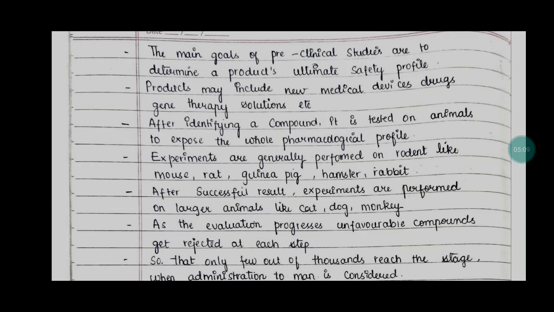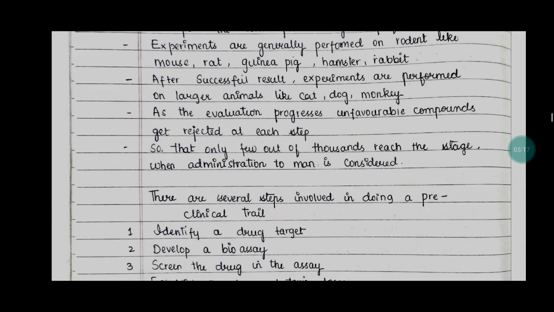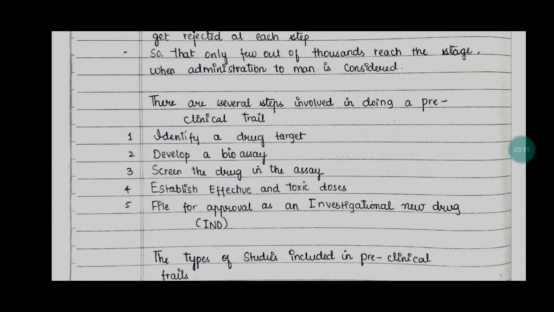As the evaluation progresses, unfavorable compounds get rejected at each step, so that only a few out of thousands reach the stage when administration to man is considered.